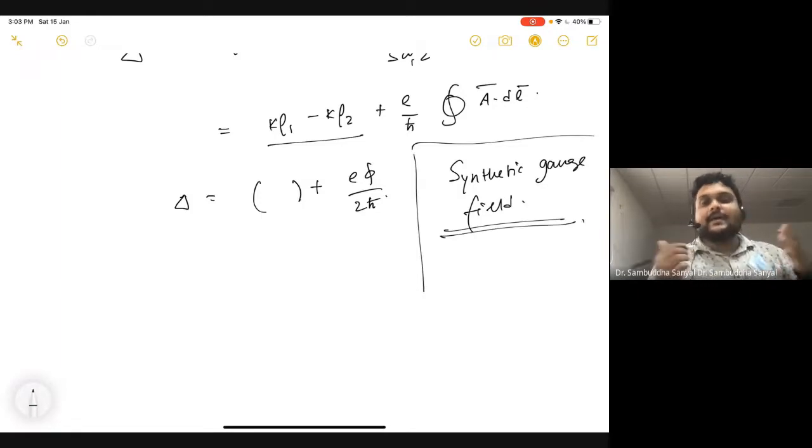because right now we have realized what happens when there is a gauge field, right? When there is a magnetic field, the particle experiences a change in the phase, right? Now, what if you can engineer that phase some other way without the magnetic field? This is called synthetic gauge field, where you are creating a fake experience of magnetic field without any actual magnetic field.